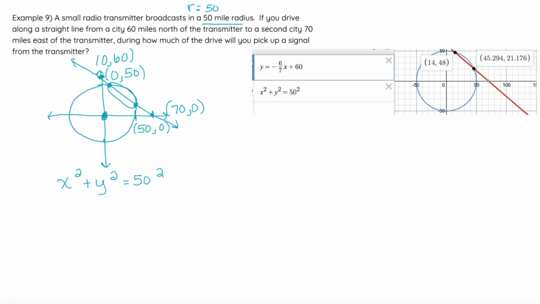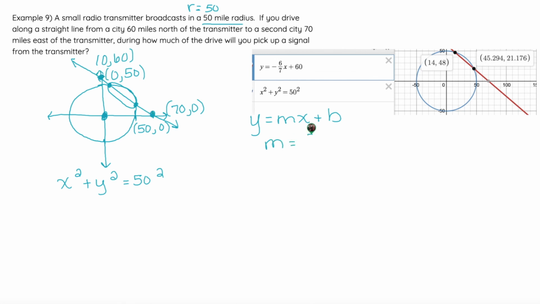Well, I do know that I have a linear line, but we're not given any nice information outside of the y-intercept, but I do know my slope. So if I look at here, y is mx plus b. I know that my slope would be falling from here to here.